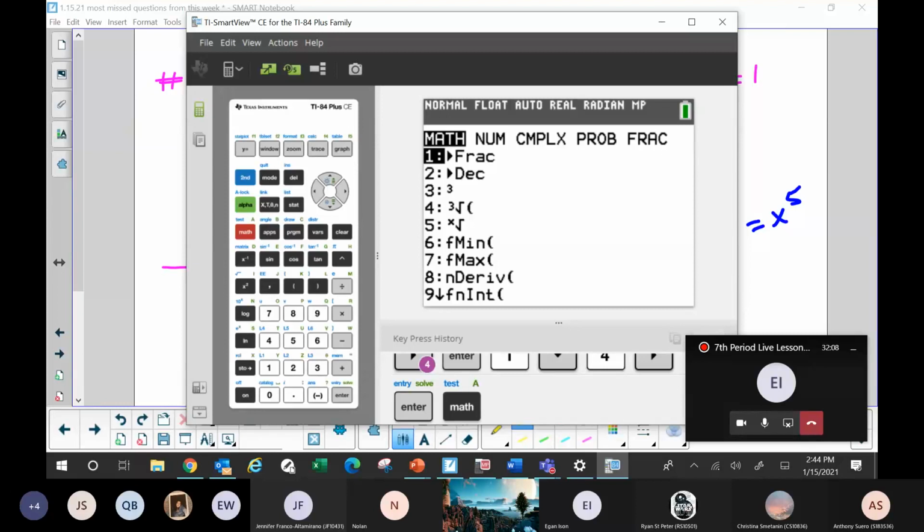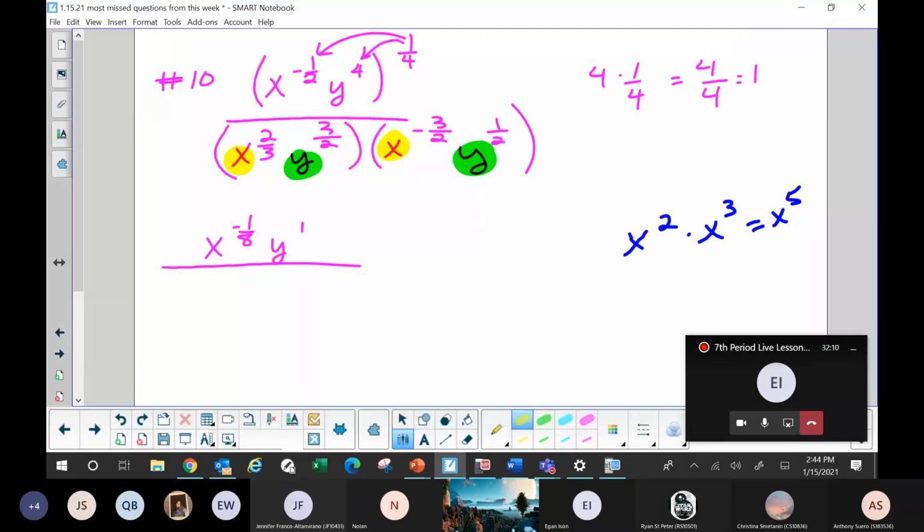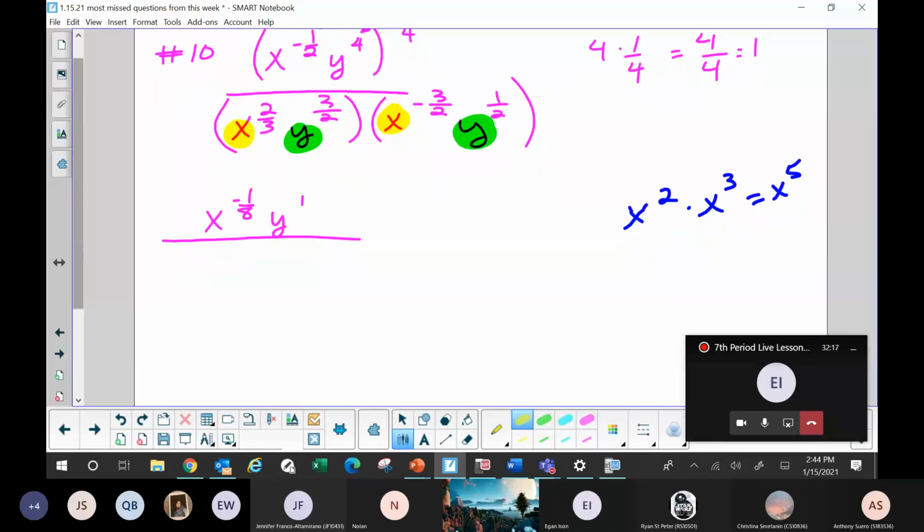Actually, I think I've already done this. Let me look at my notes. I want to save time. So 2/3 plus negative 3/2 should give you negative 5/6. When you add those fractions, I get negative 5/6.